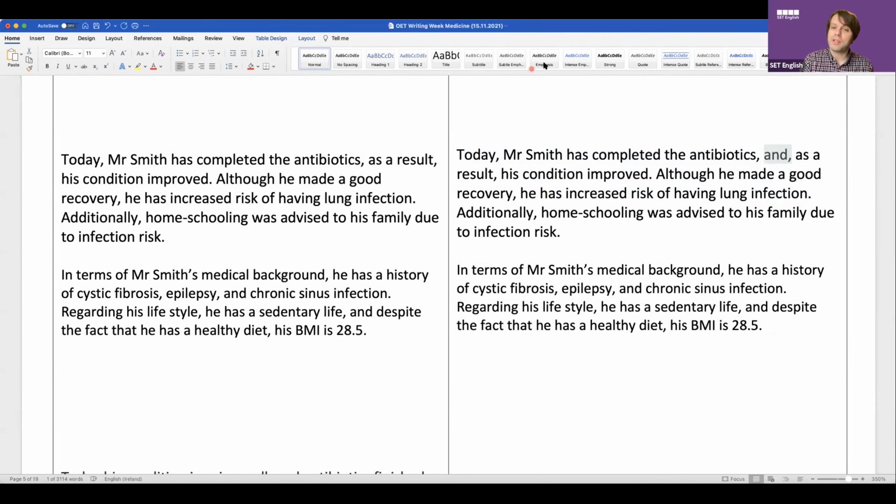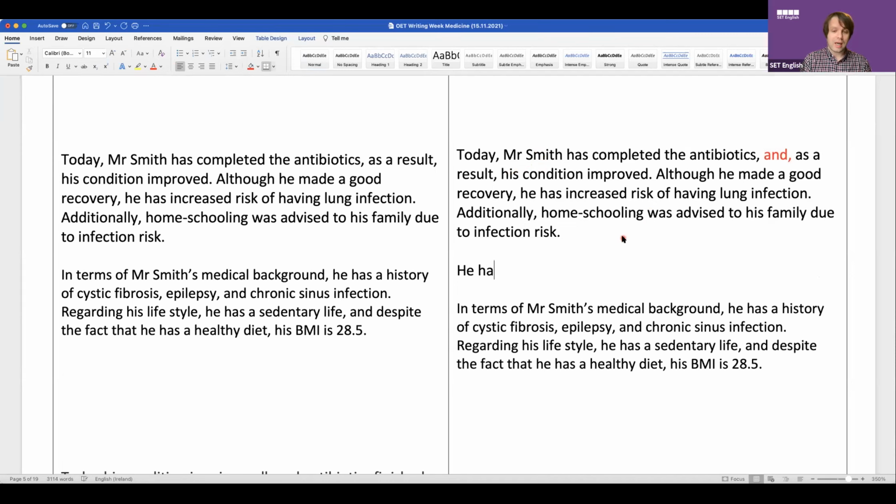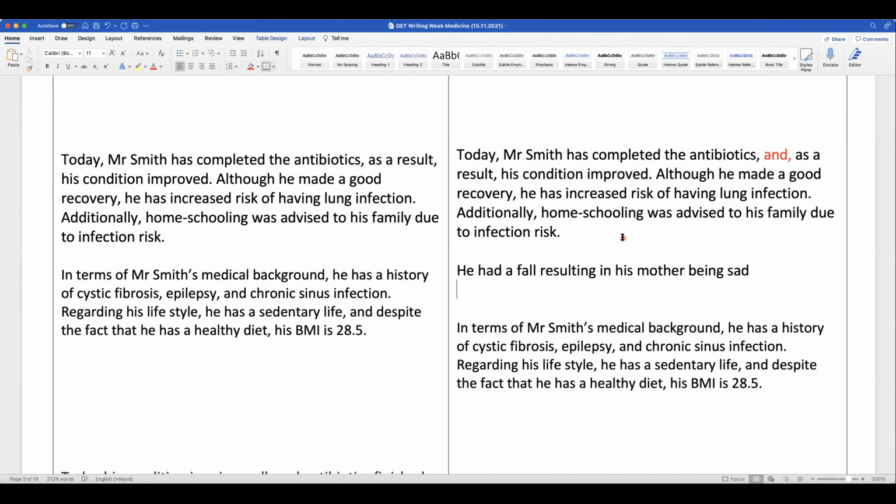So remember with the results language, if there are two clauses, you need "and" with "as a result", okay? I don't need one with "resulting in", right? Look, he had a fall resulting in what? His mother being sad. All resulting in him having broken his arm. Here, guys, do I need "and"?